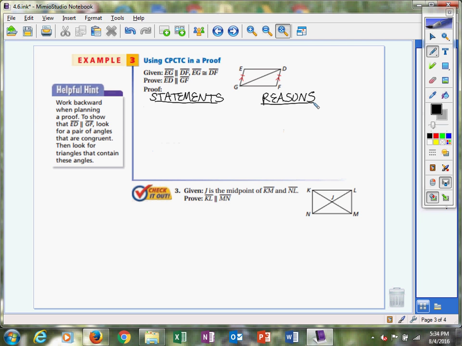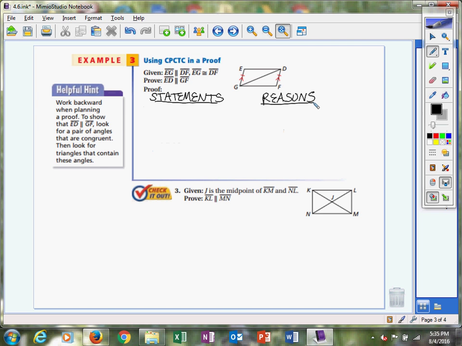So that's really our goal, is to prove that. Not going to be able to prove that with all the other stuff that we know. We're going to have to probably use CPCTC to prove that those alternate interior angles are equal, thus proving that the lines are parallel.